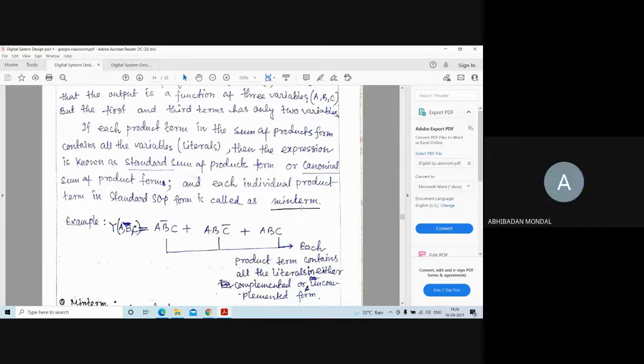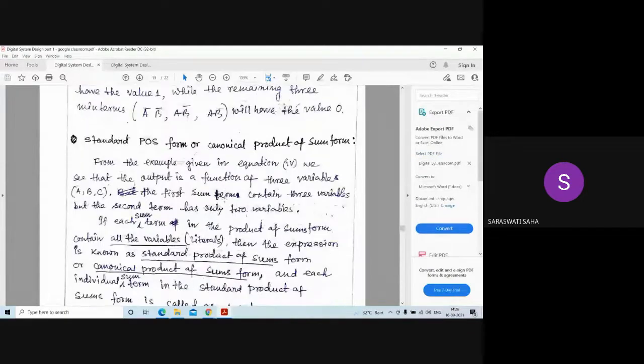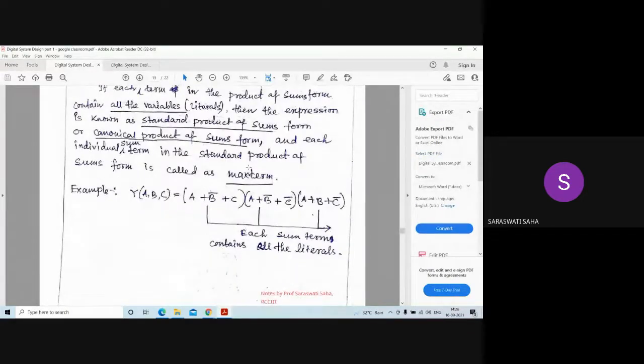Yes, ma'am. Now next, MaxTerm. It will be completely opposite. A plus B. In what form is this? Standard product of sum form, right? POS form. In standard POS form, each sum term is known as a MaxTerm. Clear?